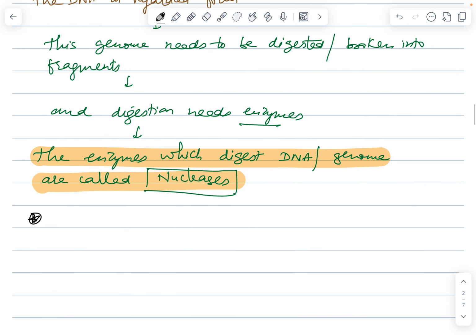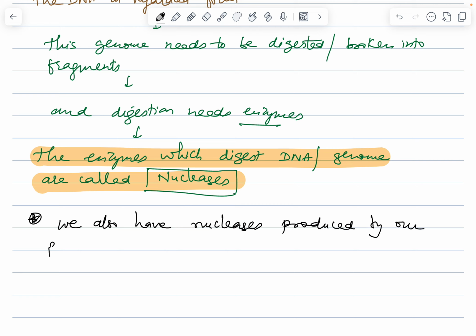The enzymes that you will need to digest the DNA or the genome are called nucleases, and some of the nucleases are found in the human body also. We also have nucleases produced by our pancreas, an organ of the digestive system.